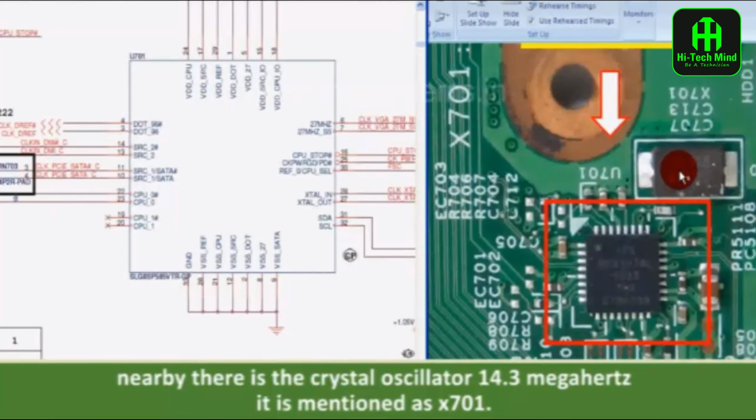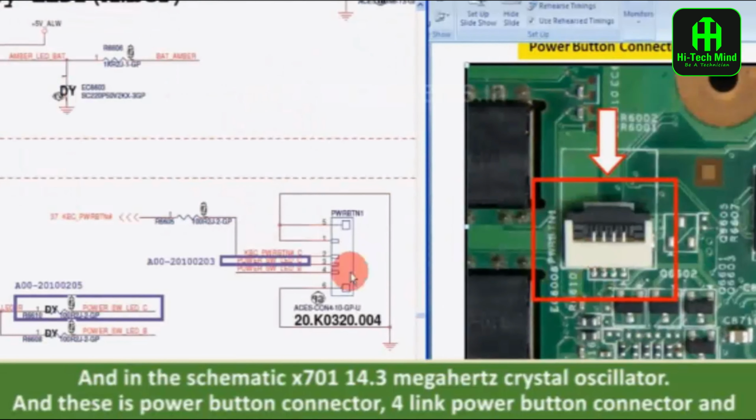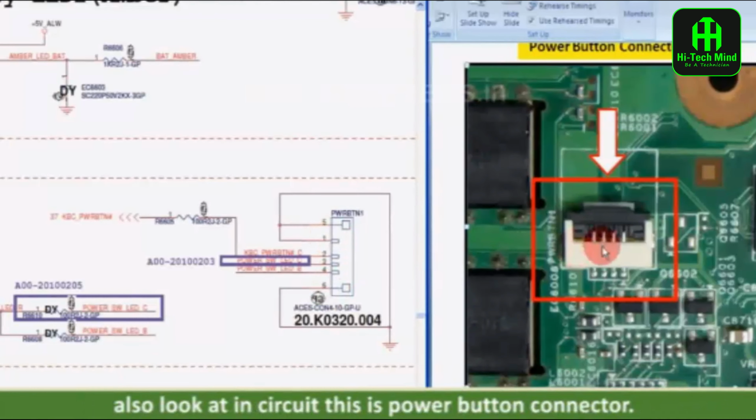It has a range of 14.3 MHz. It is mentioned as H701, and in the schematic it is mentioned as H701, same as the range 14.3 MHz crystal oscillator. And this is the power button connector, 4-pin power button connector, and also look at the circuit, this is the power button connector.